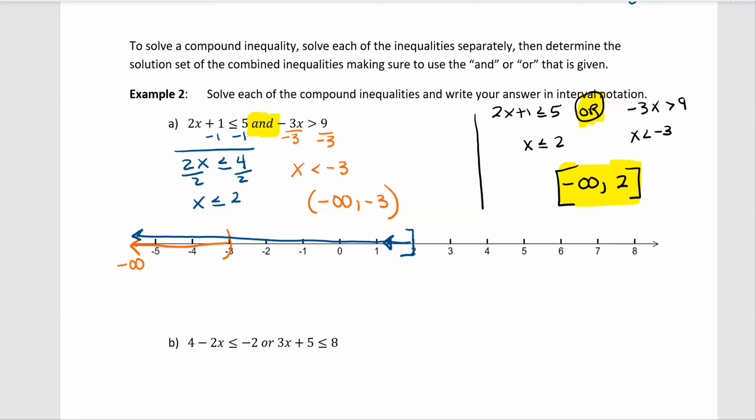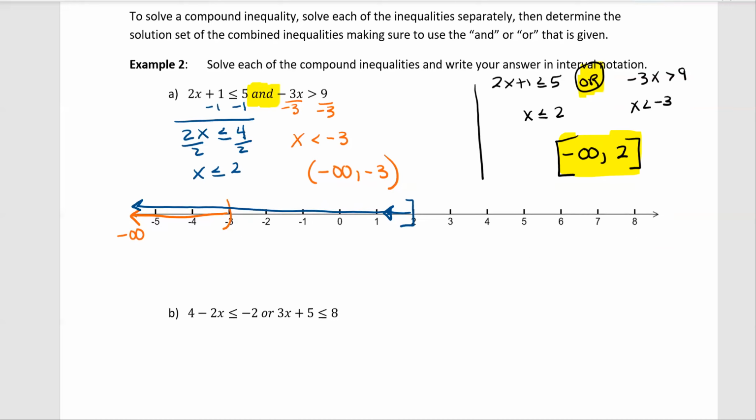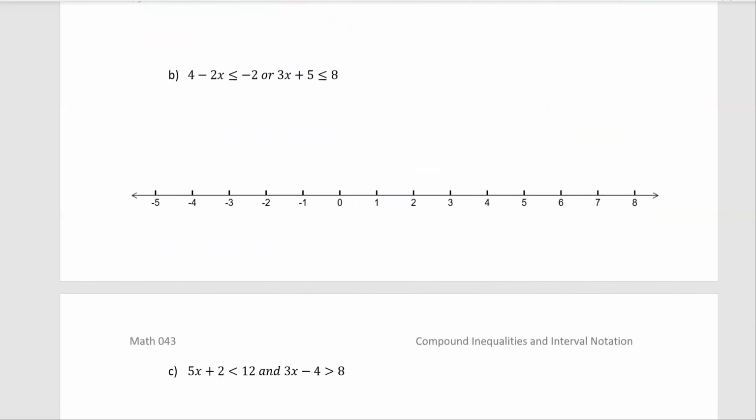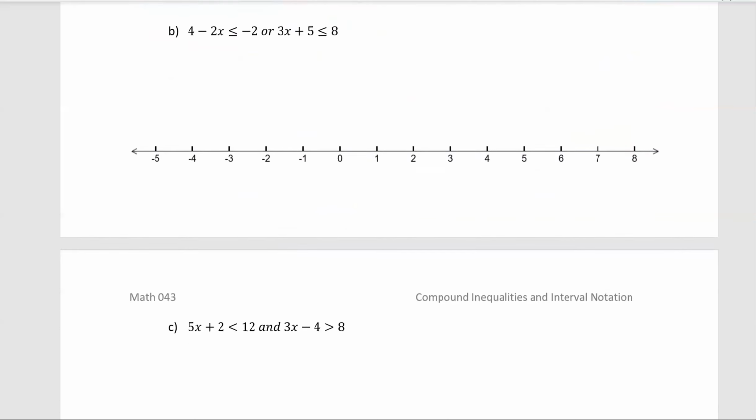All right, let's keep going. Letter B. Let's solve each inequality independently.